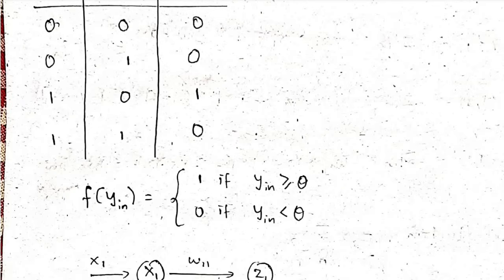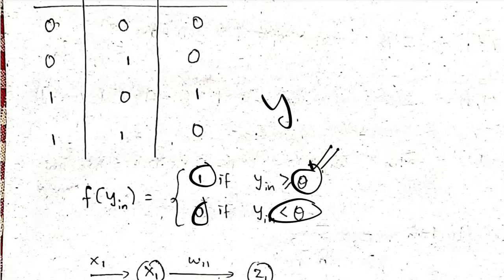So what is my threshold value? If I get the answer greater than some theta value, which I have not defined, my final output should be 1. If I get less than theta value, I should get the answer as 0. So the theta value is nothing but 0 only. If I get some answer greater than or equal to 0, my final output should be 1. If I am getting a negative value, my answer should be 0.